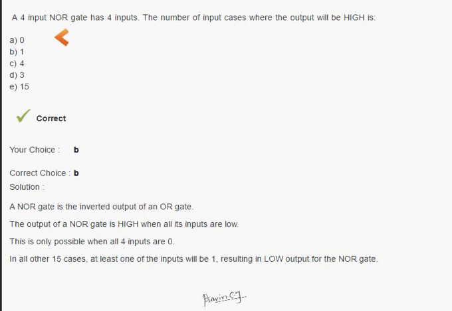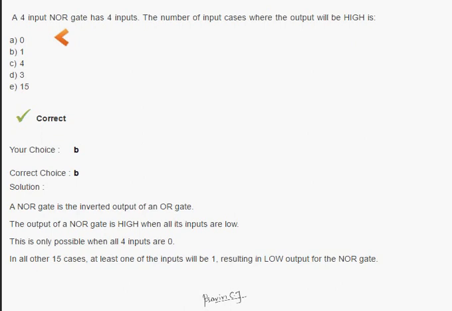We have a NOR gate. If all inputs become 0, then the output will be high. If all the inputs are 1, then it results in low output for the NOR gate.